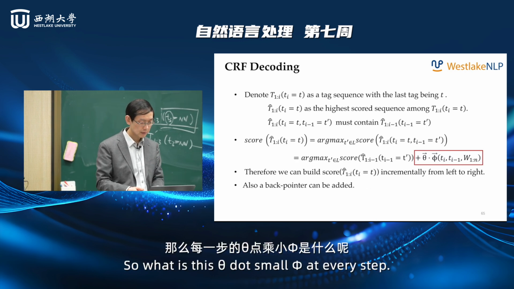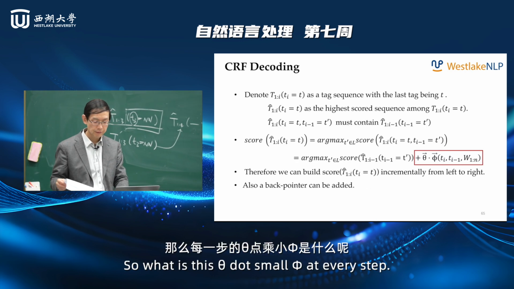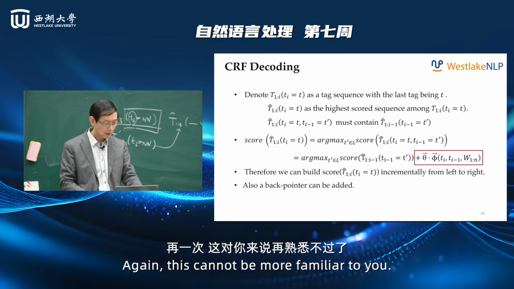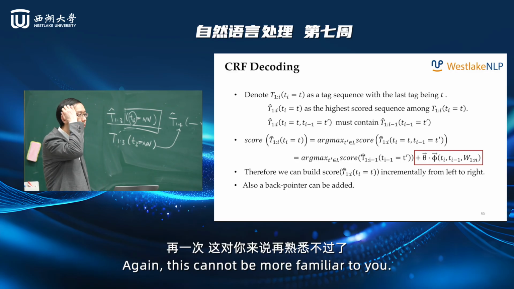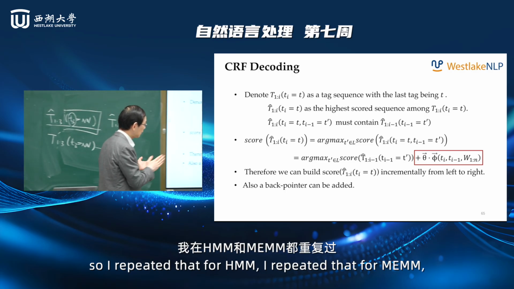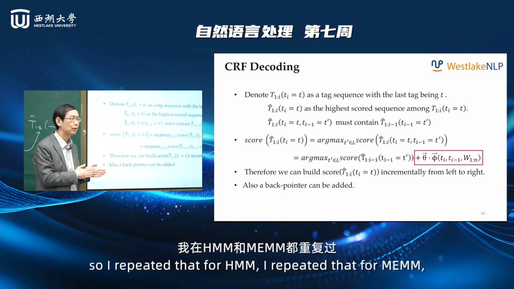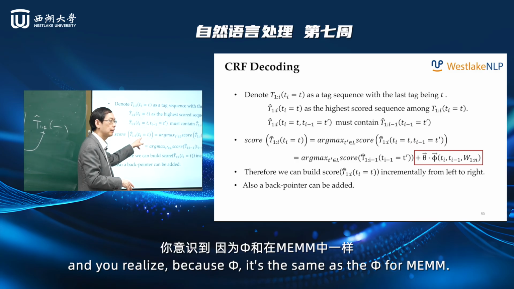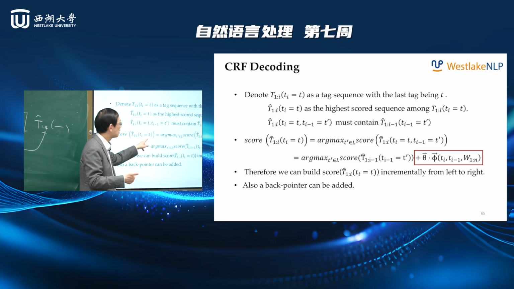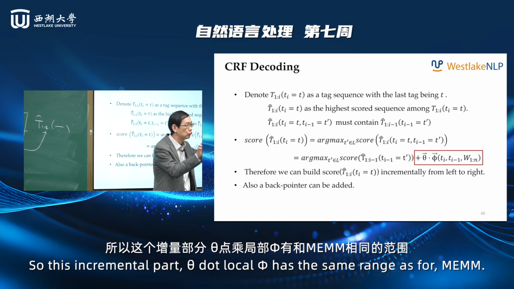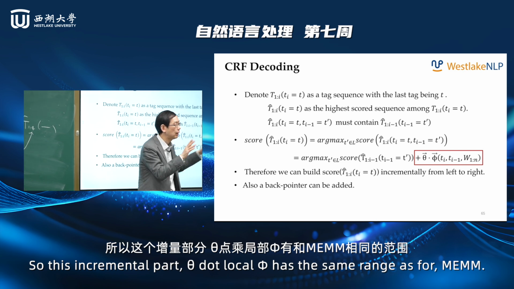So what is this theta dot small phi at every step? Again, this cannot be more familiar to you, okay? I repeated that for HMM, I repeated that for MEMM, and you realize that phi is the same as the phi for MEMM, right? So this incremental part, theta dot local phi, has the same range as for MEMM.